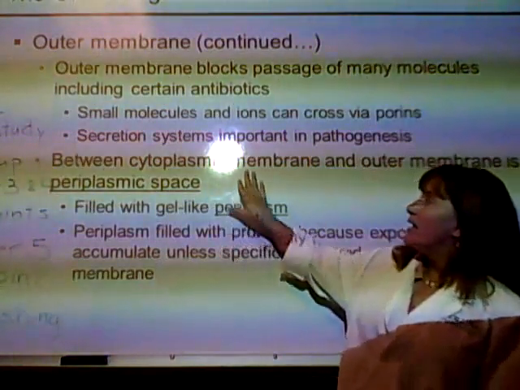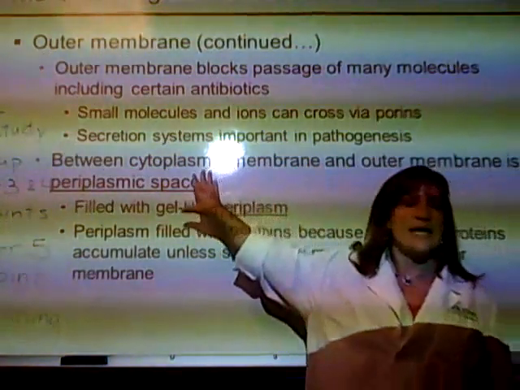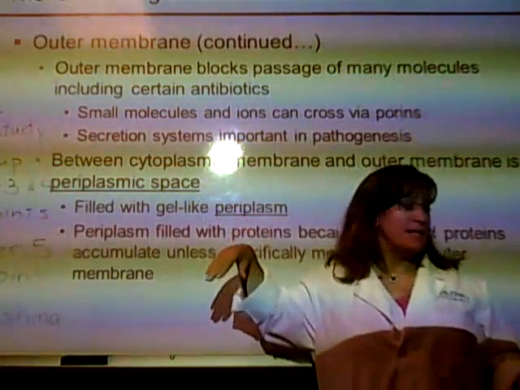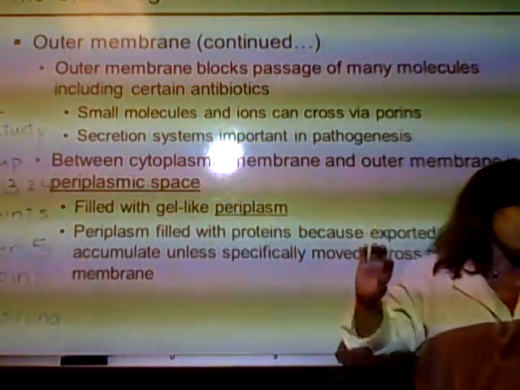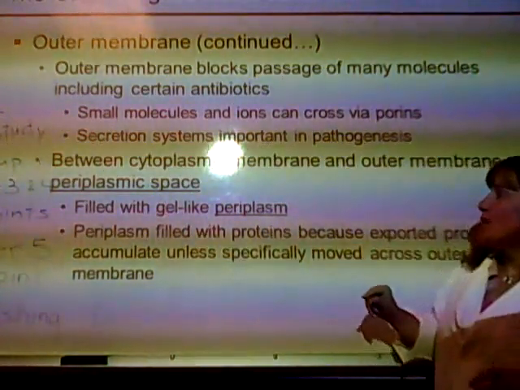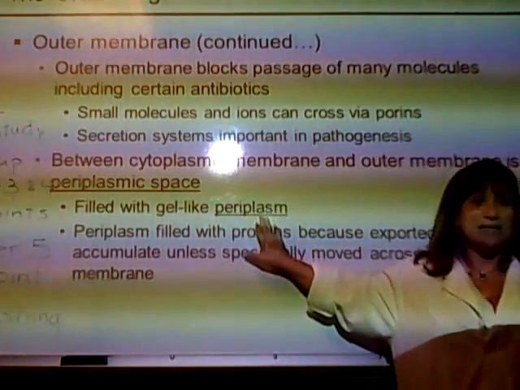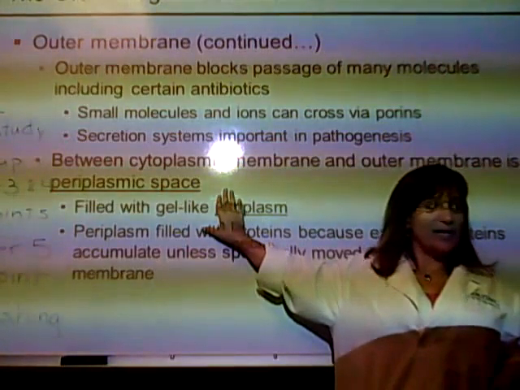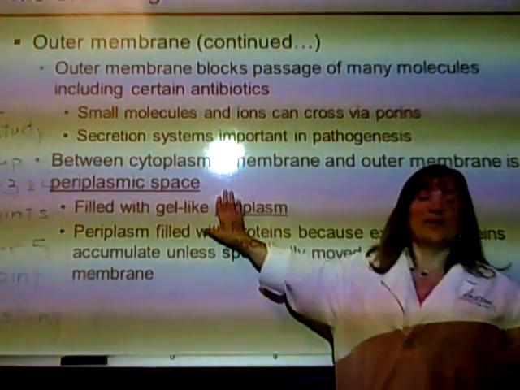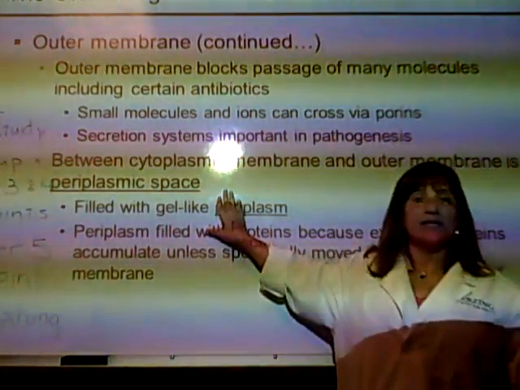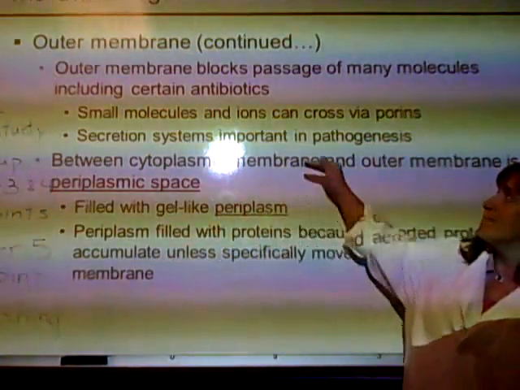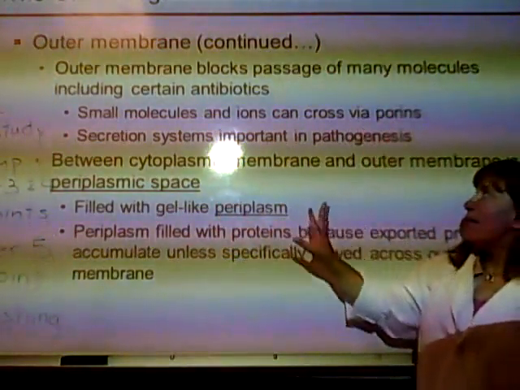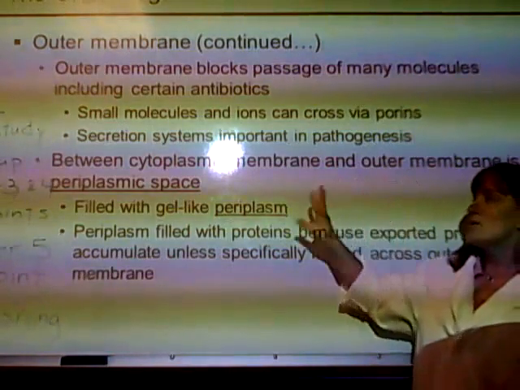Okay, and again, there is a space between the cytoplasmic membrane, which is on the inside, and the outer membrane. So in between there, you have the periplasm, right? You've seen that little word before, plasm, right? The cytoplasm. So here, this jelly stuff is in between the cytoplasmic membrane and the outer membrane, and it's called the periplasm.